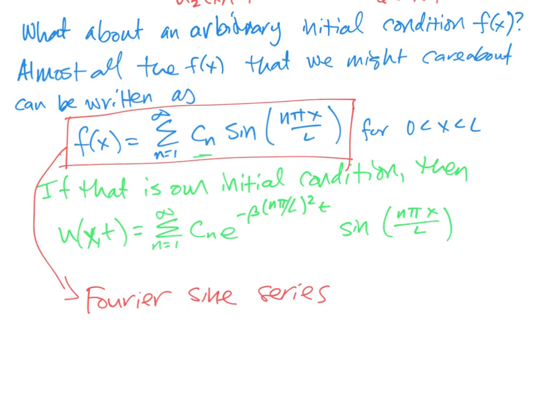It's a bit like having a power series representation of a function. Instead of having powers of x, you've got these sines of x. And what makes this a lot more useful than power series is that only analytic functions admit power series representations. And analytic functions are really nice functions. You can take infinitely many derivatives of them. They're very smooth.